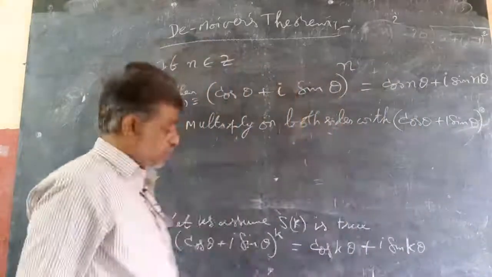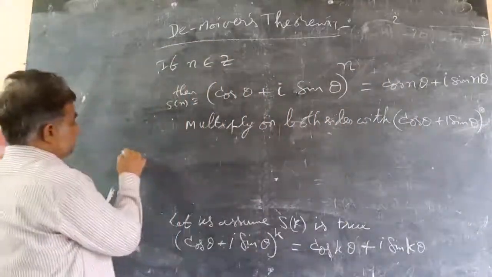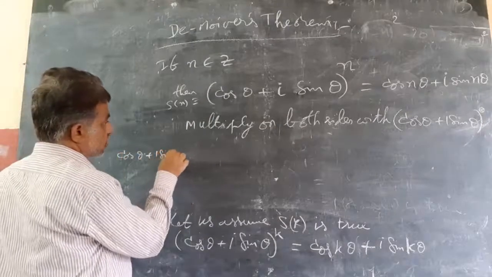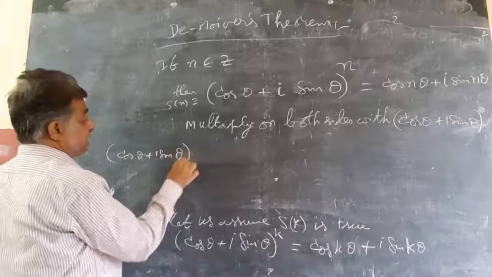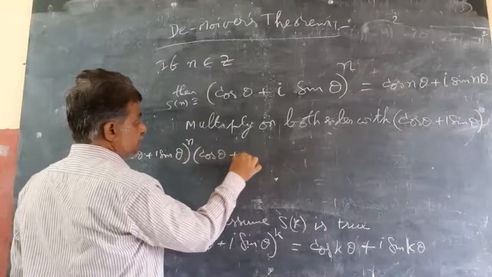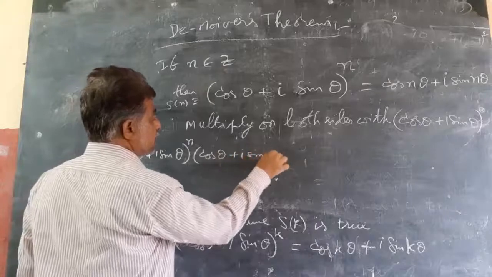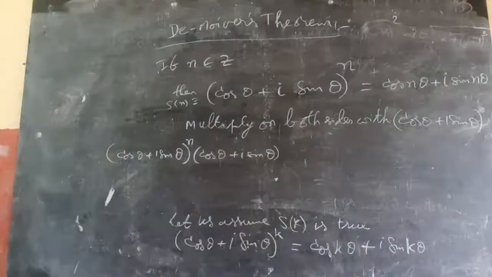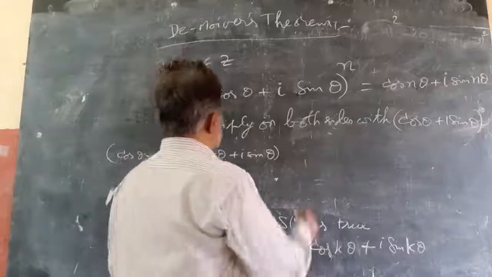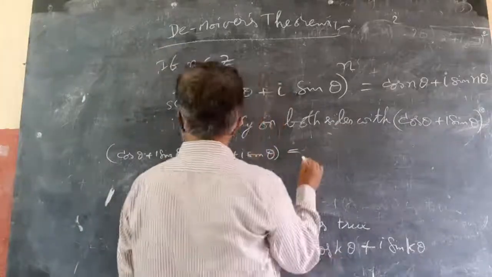On both sides, I will get (cos theta plus i sin theta) whole power n into (cos theta plus i sin theta) equals this side.